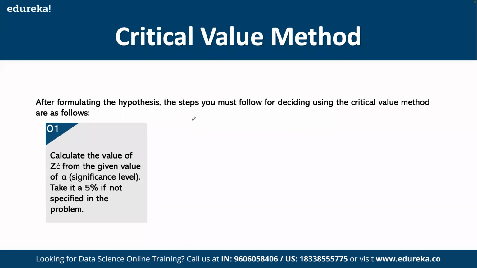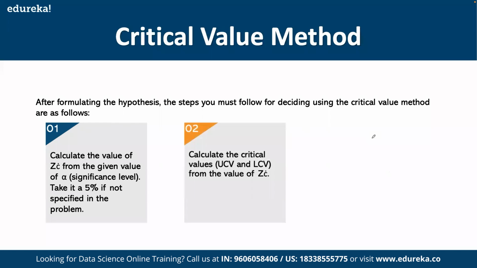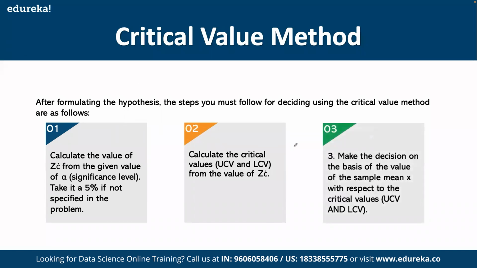Next, we calculate the critical values, that is the upper confidence value and the lower confidence value, from the value of Z. Once we calculate the critical values from Z, we make a decision on the basis of the sample mean X with respect to the critical values, that is the upper confidence value and the lower confidence value.